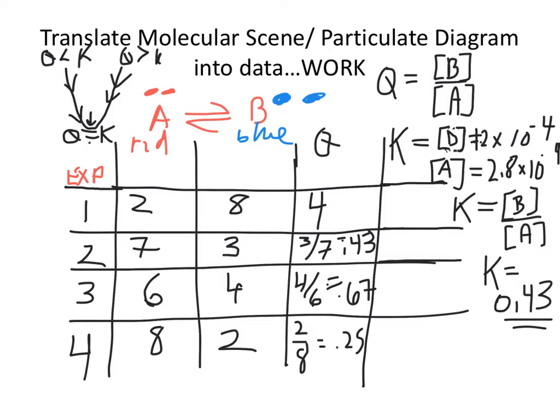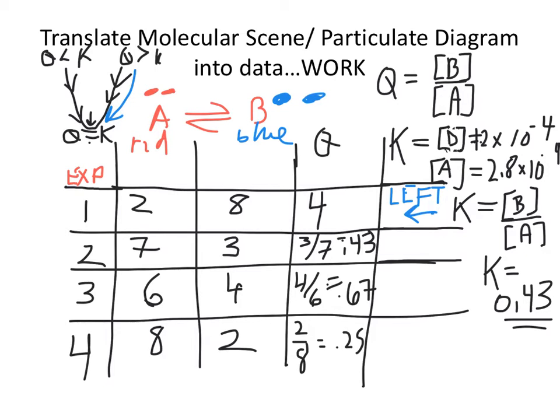In this case, Q is greater than K, so the reaction must shift to the left. So it's going to shift left in order to achieve equilibrium.